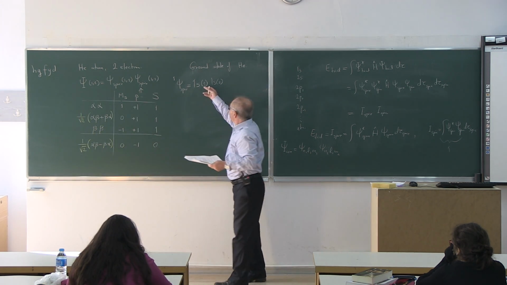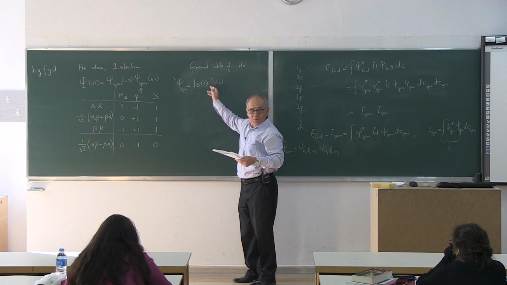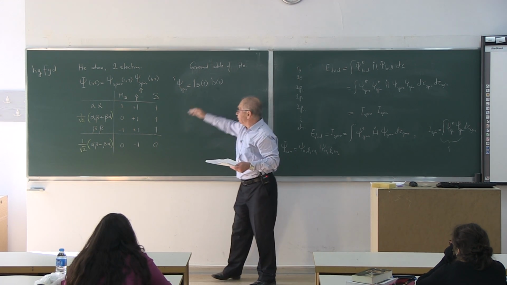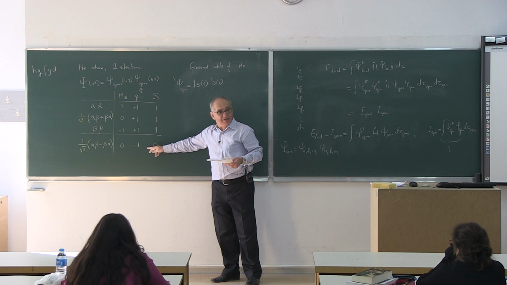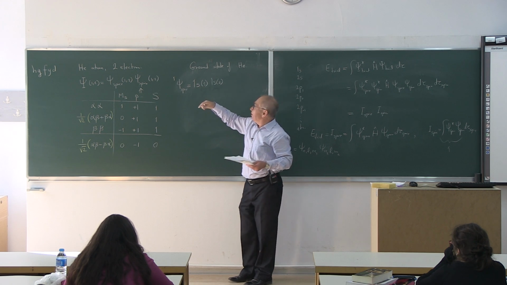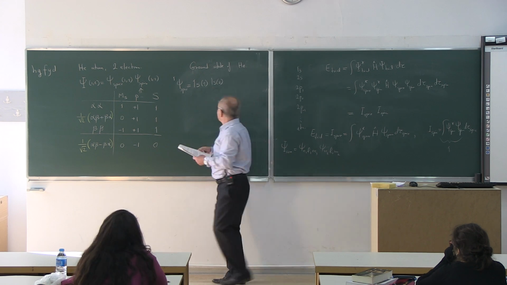Therefore, such an orbital product is symmetric with respect to electron exchange. It can only be combined with an antisymmetric spin function. Hence, only a singlet state is possible from such a selection of orbitals.